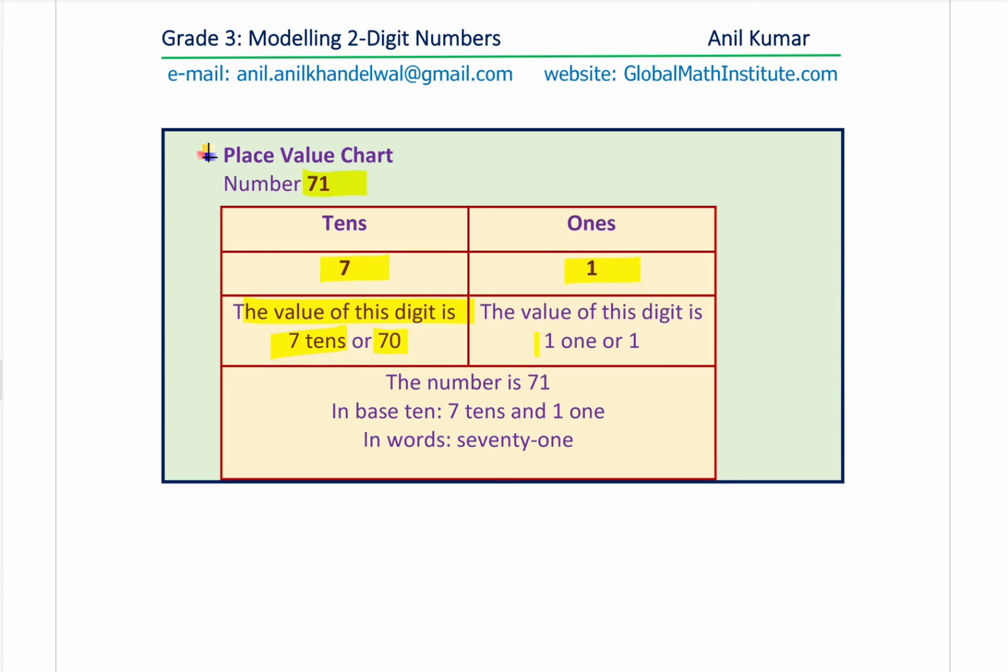The value of 1 is 1 one or just the number 1. Correct? So the number 71 in base 10 can be written as 7 tens and 1 one. When we write 7 tens and 1 one, we call this the base 10 method of writing. And in words, we'll spell it out, seventy-one.